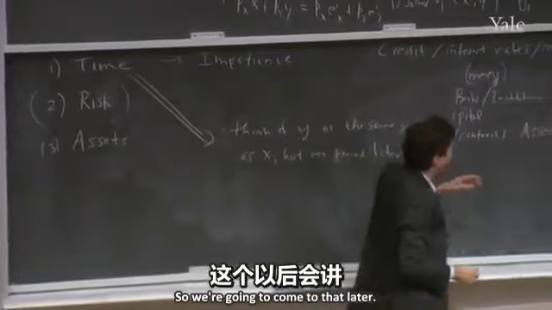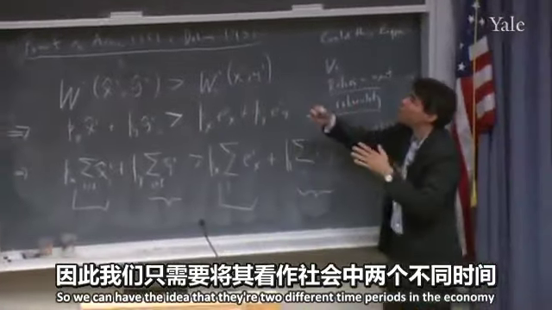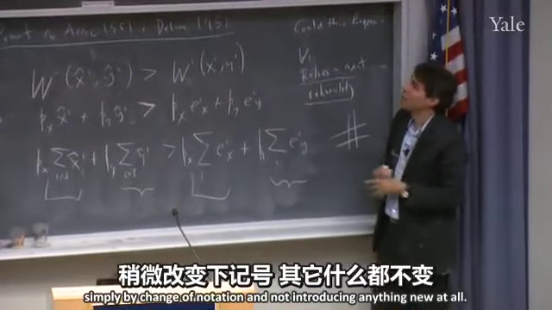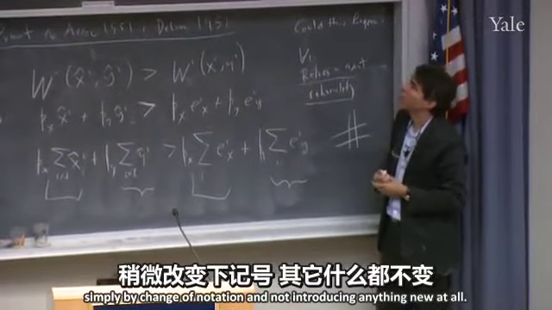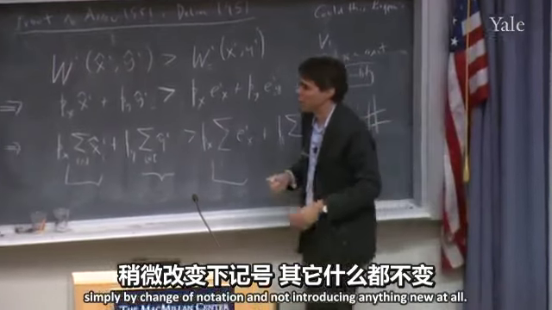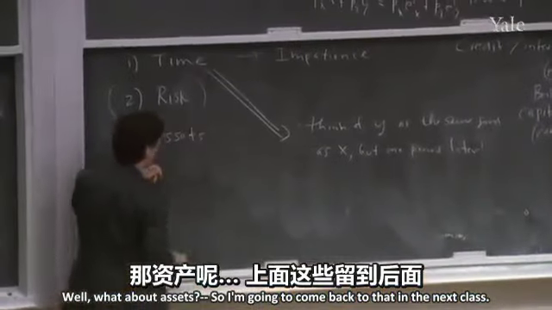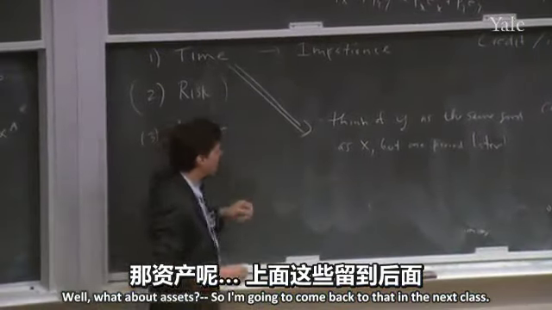So we're going to come to that later. So we can have the idea that there are 2 different time periods in the economy simply by a change of notation and not introducing anything new at all. Well, what about assets? I'm going to come back to that in the next class.